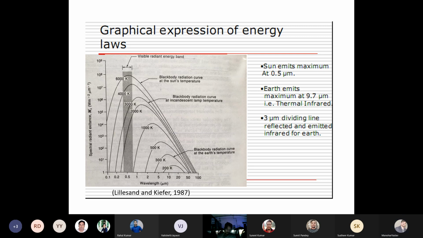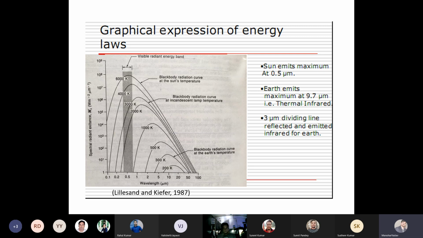If you analyze this curve, outside of this visible radiant energy band, on the smaller side or larger side in terms of wavelength, energy decreases. Even if you go towards ultraviolet, cosmic, gamma rays, the energy is less. While if you move towards higher wavelength, the energy again decreases.